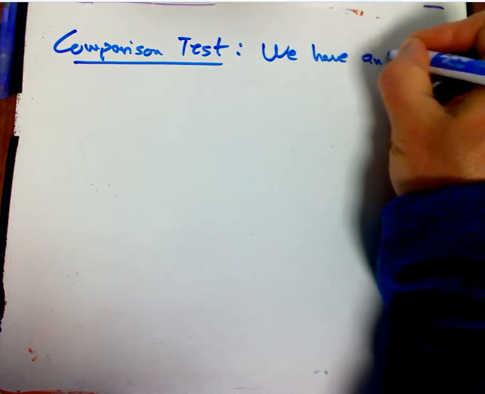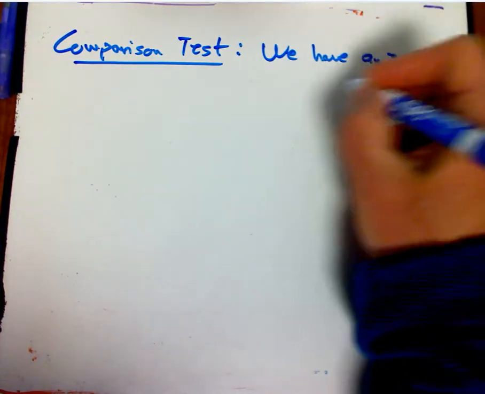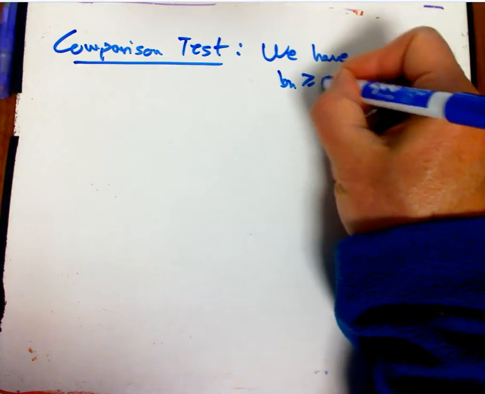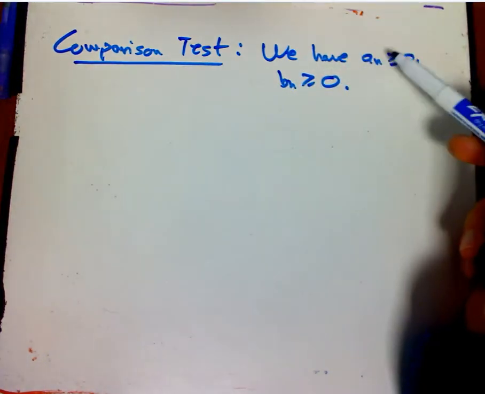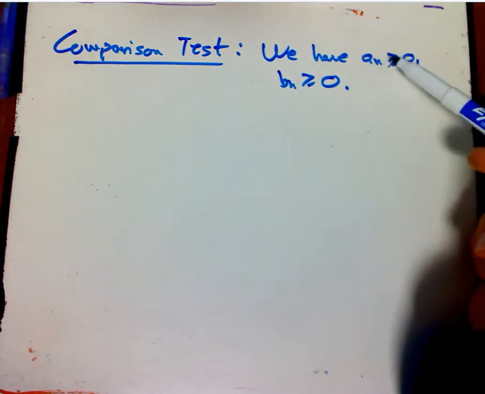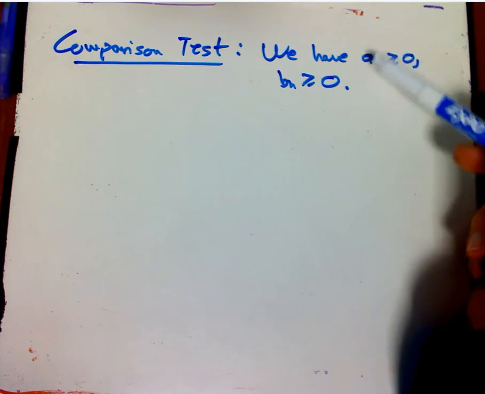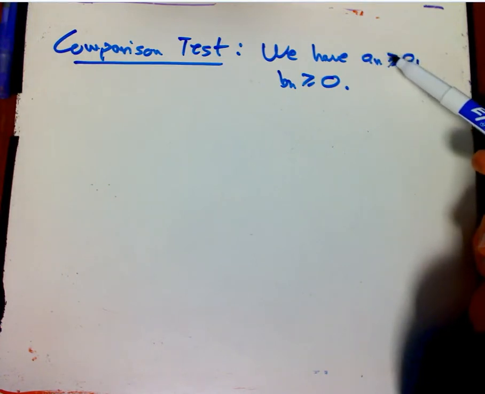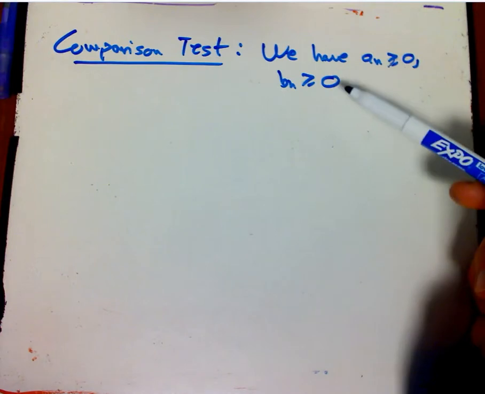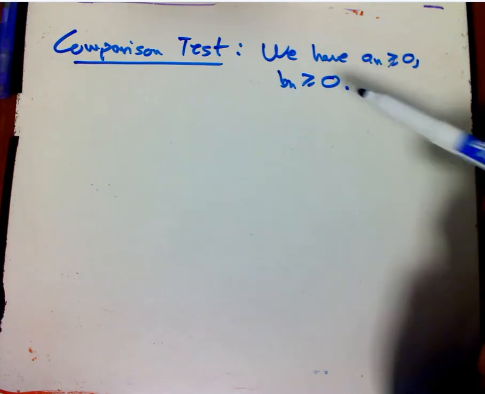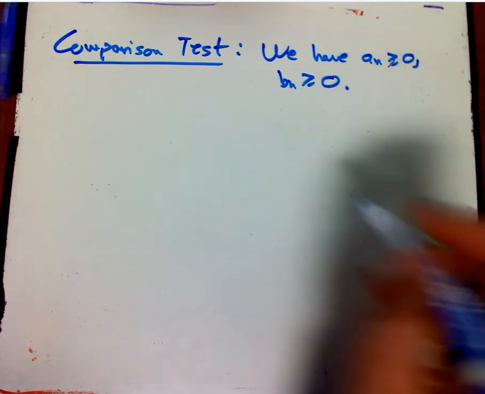So we have a sub n, a sequence of positive terms, and b sub n, a sequence of positive terms. You want to think of a sub n as the terms of an interesting, complicated series that you want to analyze. And b sub n is going to be some simple reference series that you already know what it does, in particular whether it converges or diverges.